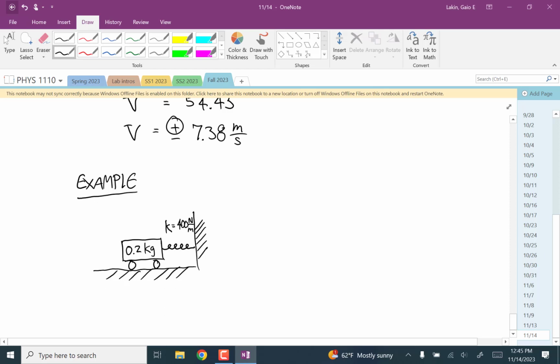And by the way, here is how you would get that spring stiffness. If you take a spring and attach it to some mass, the effect is going to be that the spring stretches.